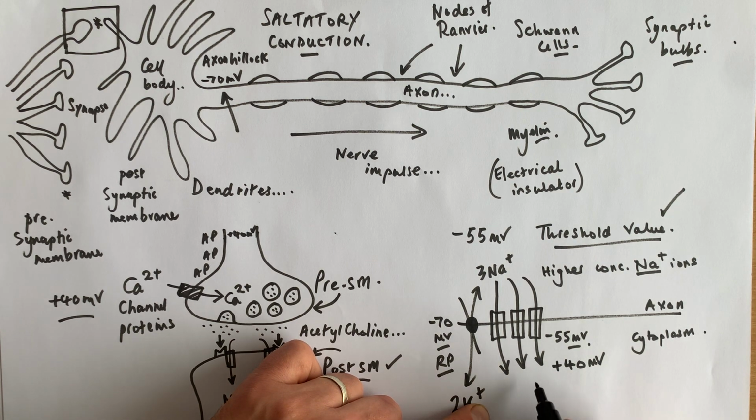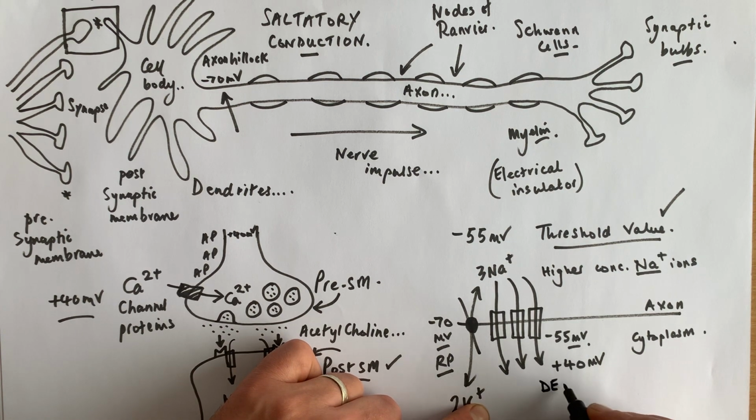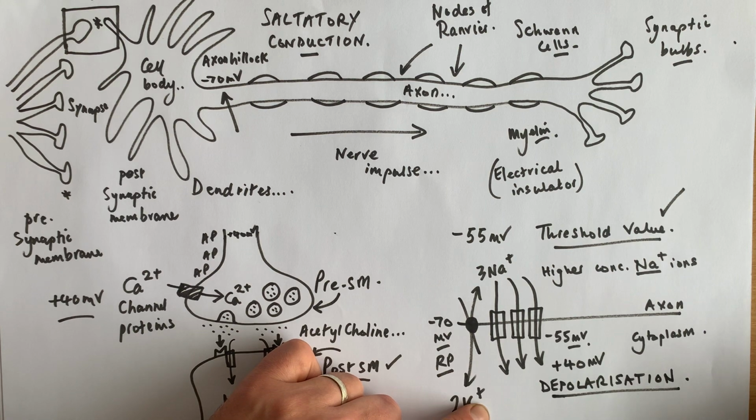Now the sodium channels actually close at plus 40 millivolts, but we've had depolarization of the axon membrane because it's gone from minus 70 millivolts, which is polarized, to being depolarized, so it's the opposite, and it's gone from minus 70 up to plus 40 millivolts.